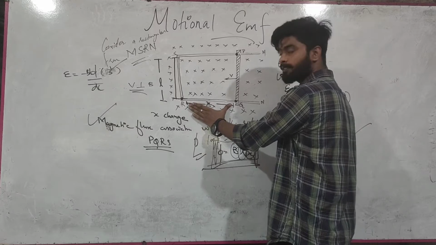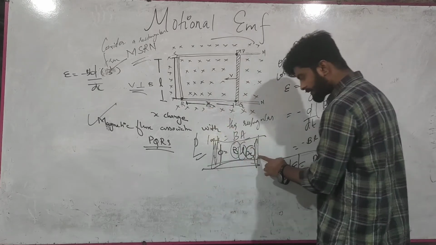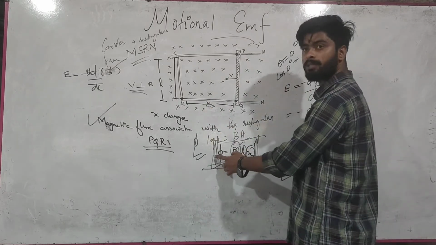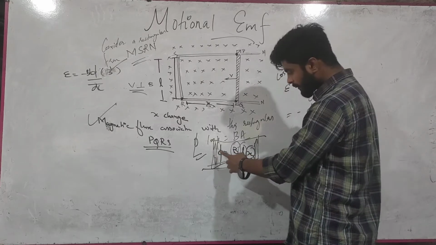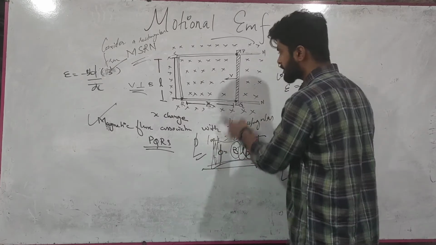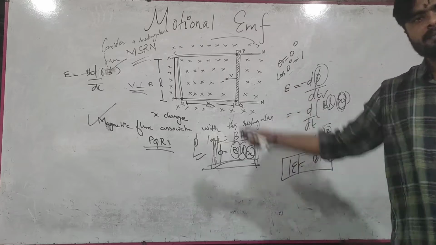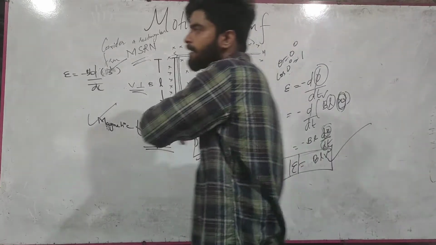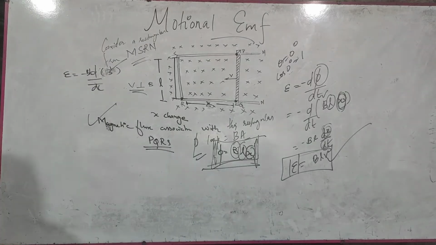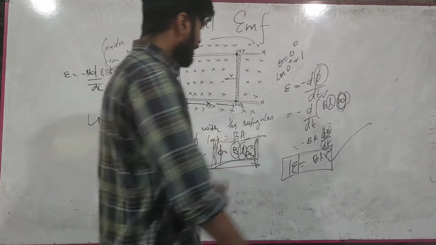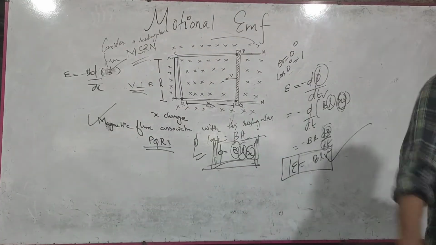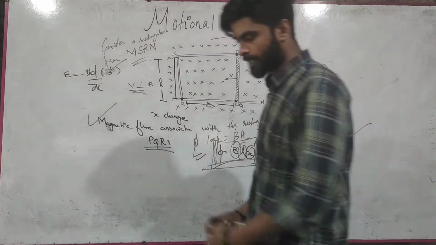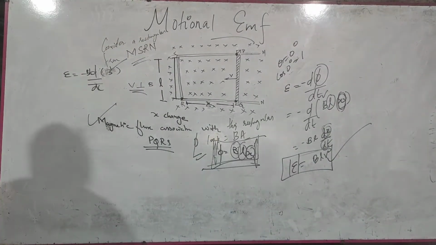This displacement x is going to change, and when x changes, the flux is going to change automatically. So when the magnetic flux changes, there will be an EMF induced in this conductor PQ. And that EMF which is induced is what is called motional EMF. Only because the conductor came into motion, there was an EMF. Therefore that EMF is called motional EMF.